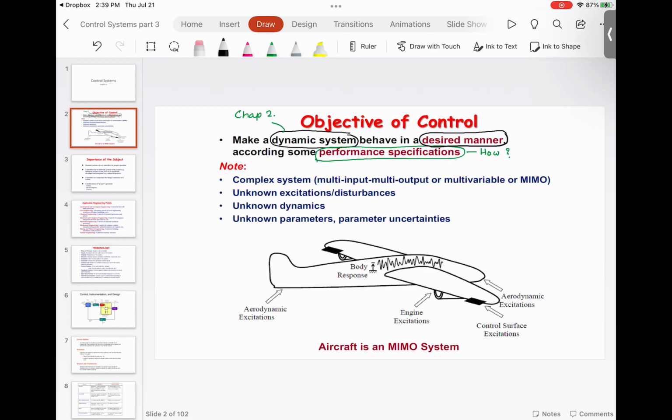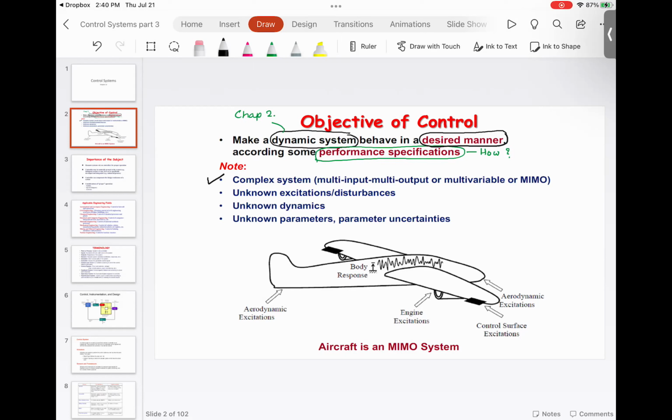And this control problem is not trivial, because just to give an example, the systems usually are super complex. Think about an aircraft. The aircraft has aerodynamic excitation, so wind loads. It has the body excitations, the vibrations. Then it has the control surfaces like aileron and rudder excitation.